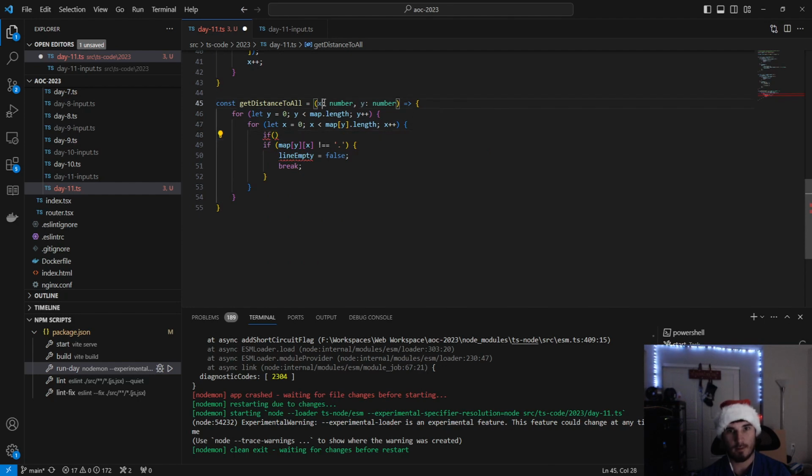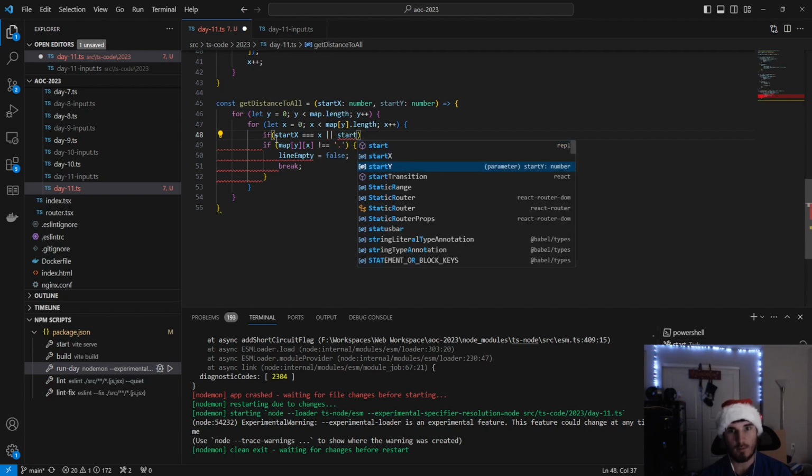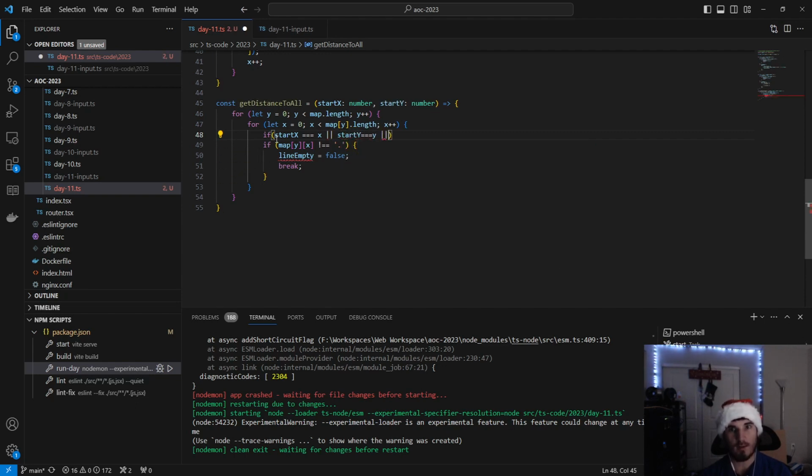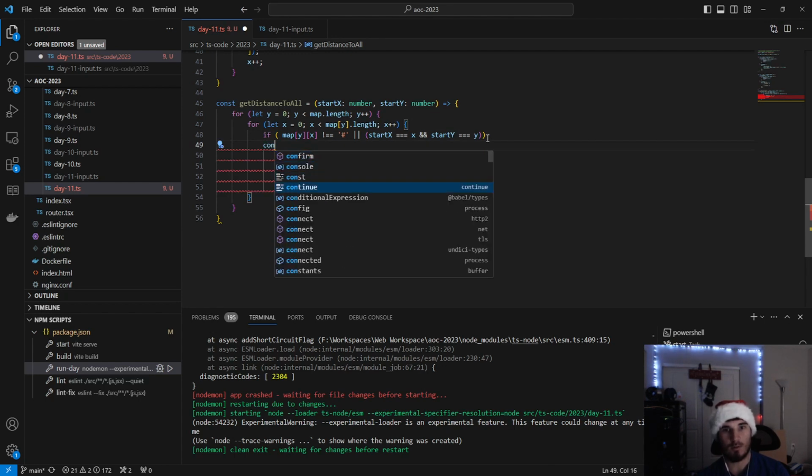If start x, start y. So if start x equals x, and start y equals y, or map of y x does not equal that, which we can just do continue.